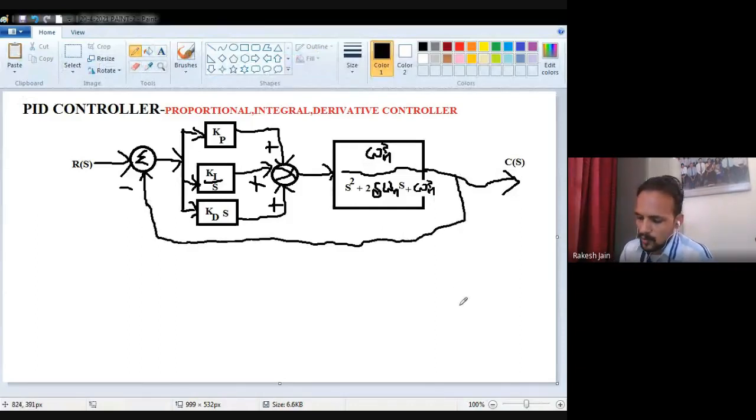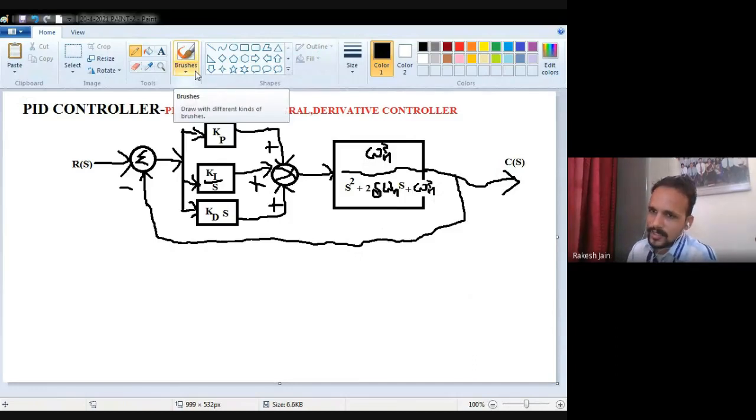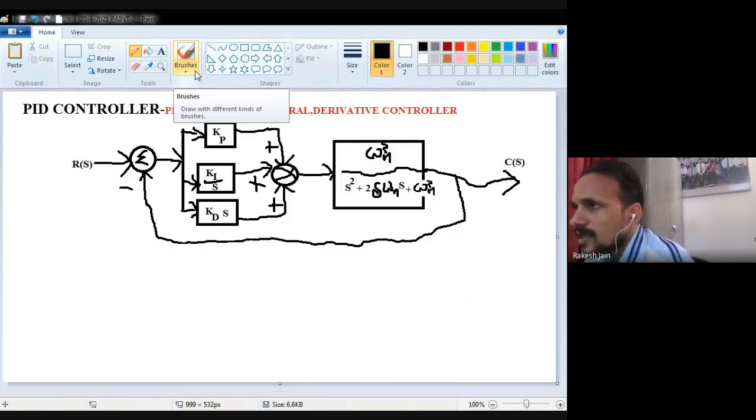So this is a proportional integral derivative controller, in which the proportional constant Kp is there, the integral constant Ki is there, and the derivative constant Kd is there. All of these three, Kp, Ki by s, and Kd s, will be added to each other because all are in parallel.